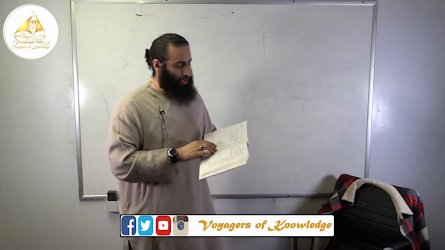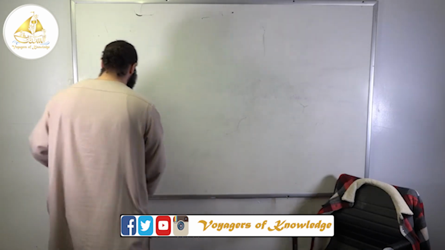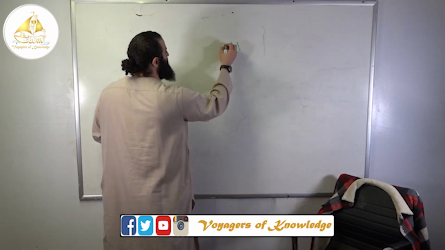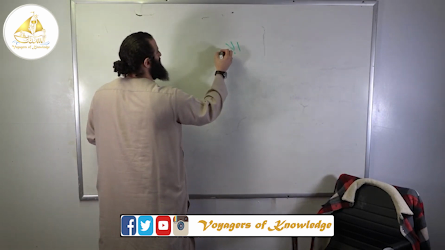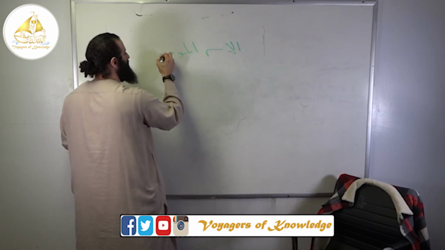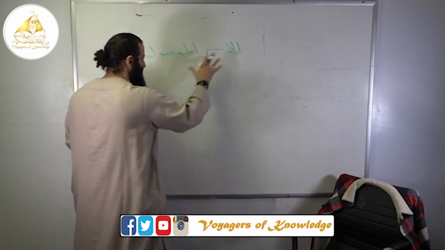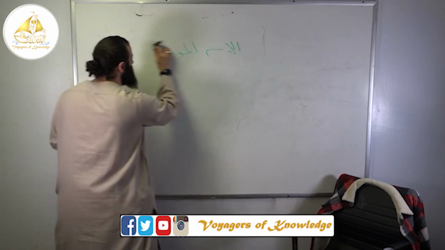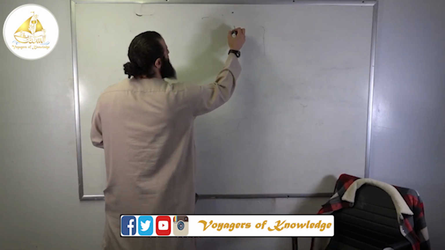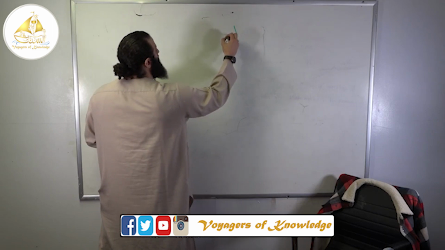On page 53, we learn a little bit about what is known as al-ism al-mawsul. Do you guys remember? Actually, let me rewrite this for you. So that way, we took before, what do we say?